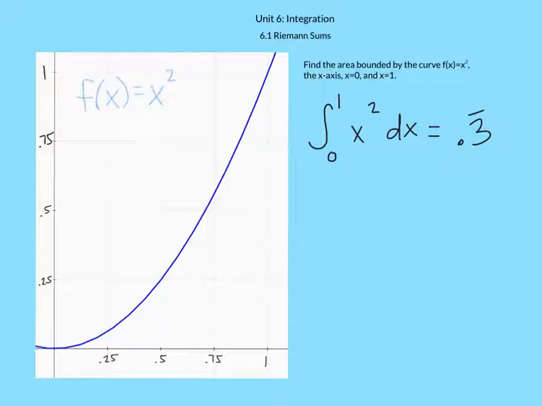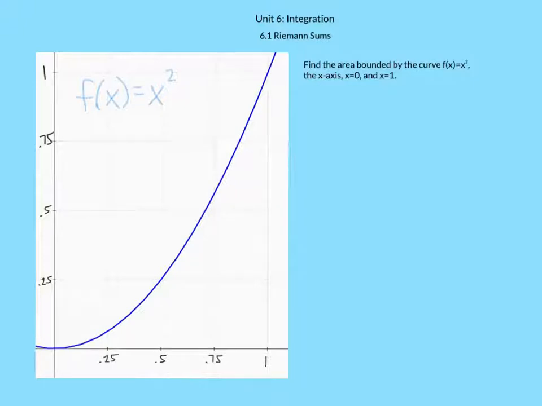Now, we are able to estimate this value using what's called Riemann sums. Riemann sums are a way to estimate this value if we weren't able to find it exactly. For instance, before I teach you the exact way to do what we just did on our calculator, which we'll be able to do by hand eventually, Riemann sums are a way of estimating the area under a curve using rectangles.